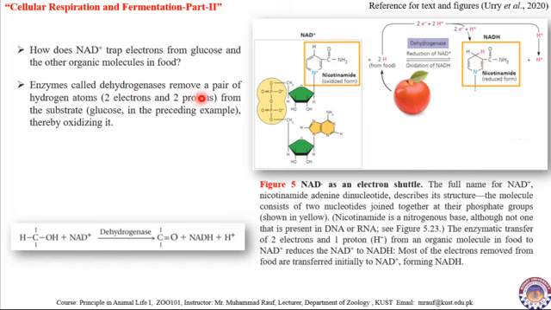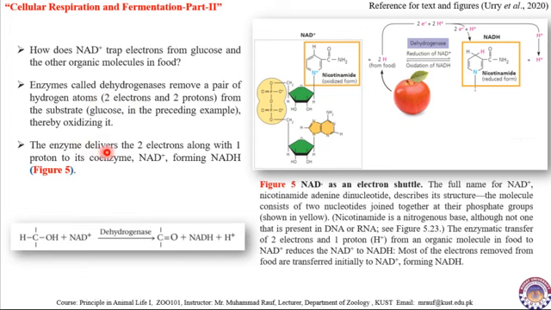Enzymes called dehydrogenases remove a pair of hydrogen atoms, usually 2 electrons and 2 protons, because a pair of hydrogen atoms has 2 electrons and 2 protons. So the dehydrogenases transfer these 2 electrons and protons from the substrate. Substrate is one of the intermediates in a catabolic reaction, quite often glucose or its intermediate stages, and when the substrate loses its electrons, it becomes oxidized and NAD is reduced.